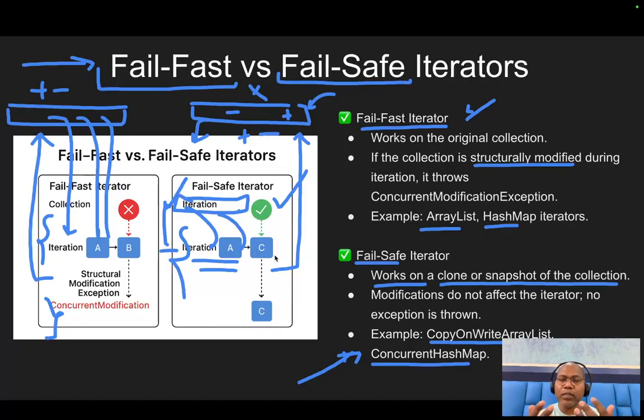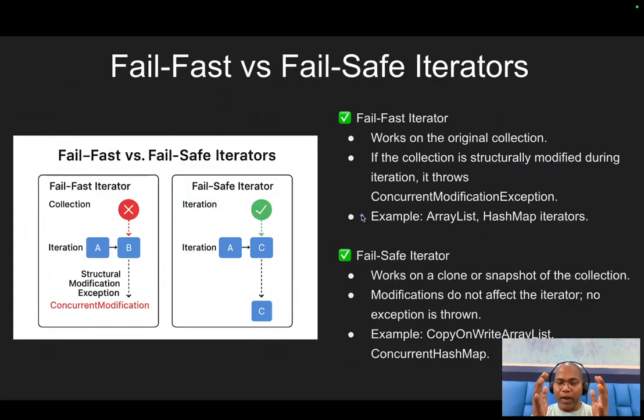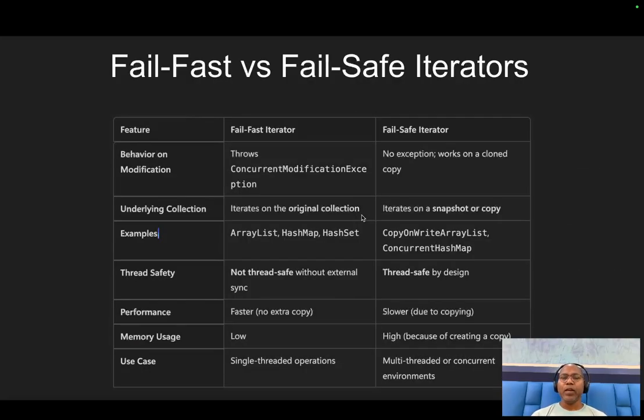If you want fail safe, go with the different collection. If you want fail fast, go with the different collection. The iterator behavior depends upon which collection you are going to iterate.